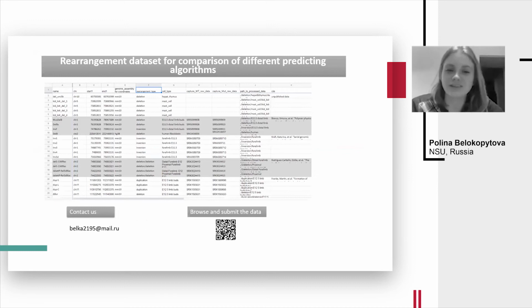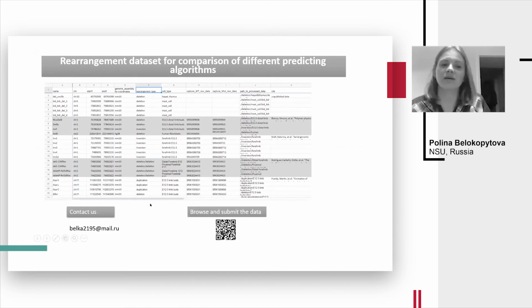If you have an algorithm which can predict consequences of chromosomal rearrangements in 3D genome contacts, we offer you to join this project. Here in this QR code is the link to the dataset, so you can browse it.